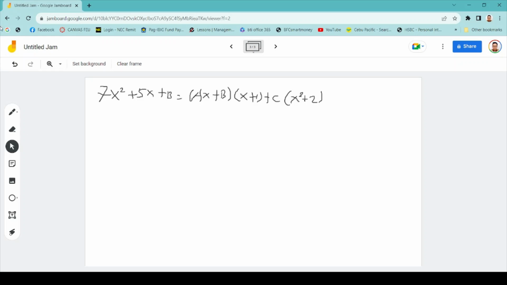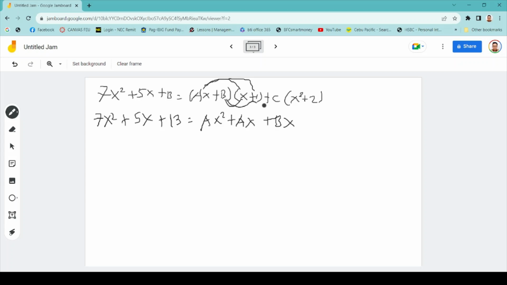Let us simplify this so that we can get the values of the other variables. We have 7x squared plus 5x plus 13. If you distribute, you get ax squared, ax, bx, and constant b, and then cx squared and 2c.